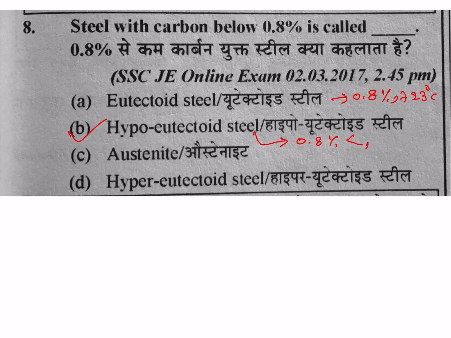Austenite is gamma. Hypereutectoid steel is between 0.8% carbon and 2.1% carbon.